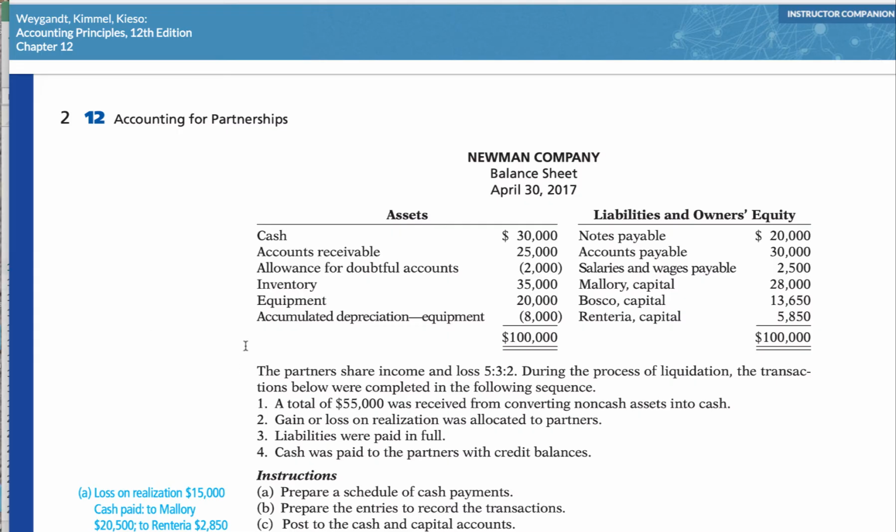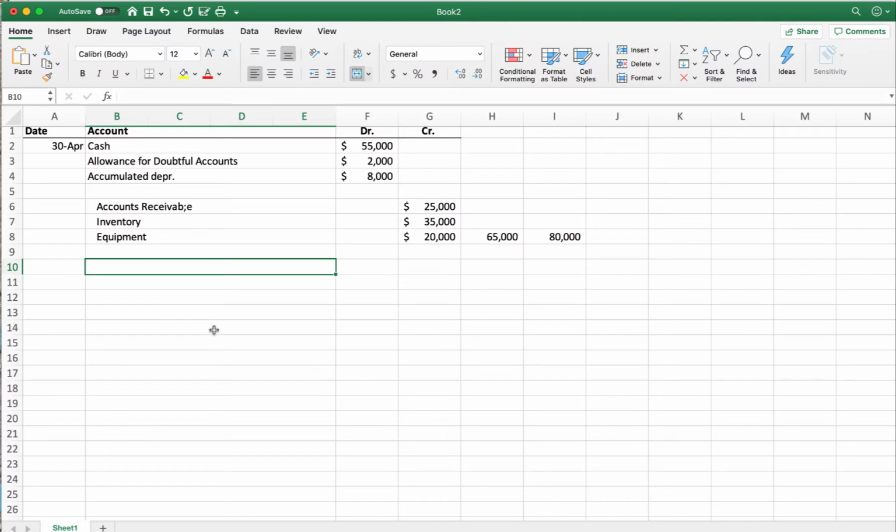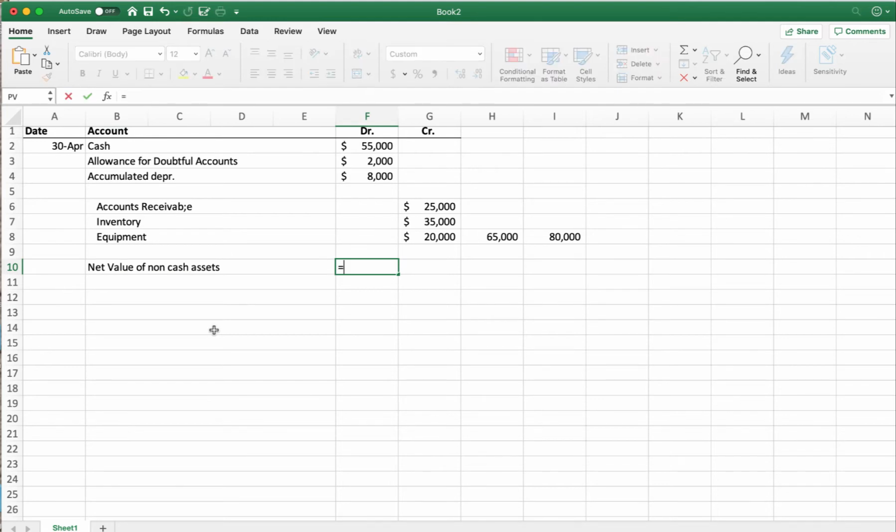First thing we need to do is figure out what is the net value of non-cash assets, okay? Well, that's easy, right? Because we had, and I'm just going to do it over here just to show us, okay? We had equipment.